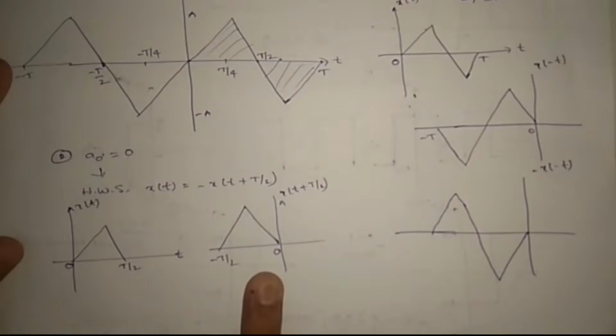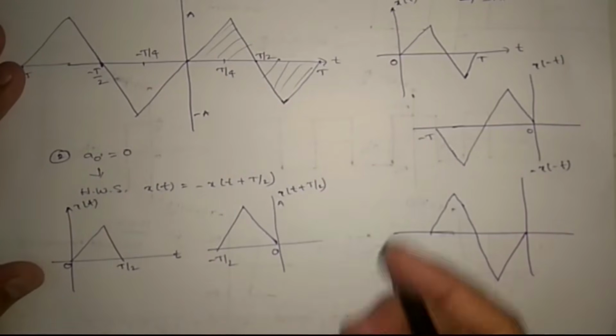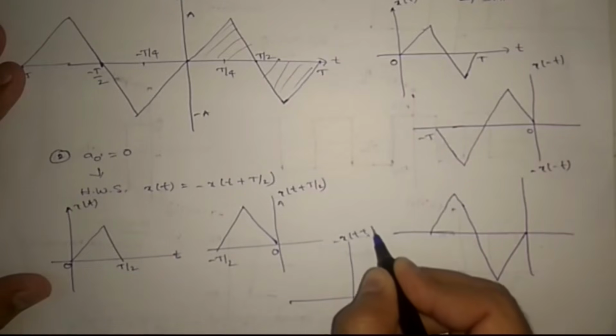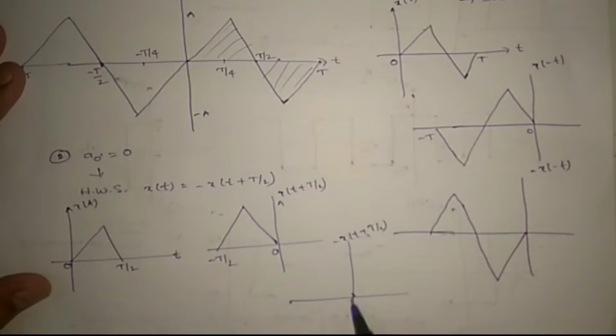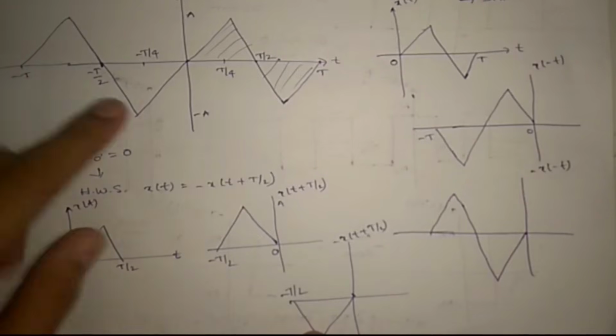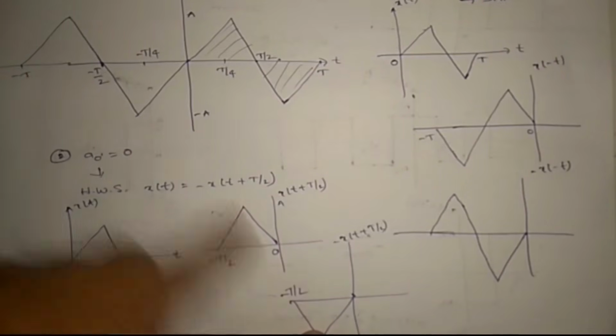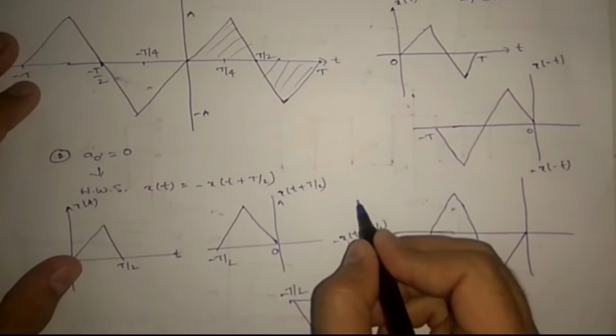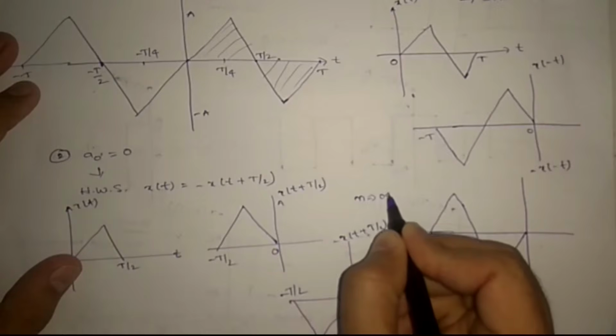This is A, right? Next we need to perform amplitude reversal. Then how will you get it? Minus x of t plus T by 2 means this will come down, minus T by 2. So this peak is the same, matching, right? If it is matching, it is following half wave symmetry. So you will have n odd harmonics.